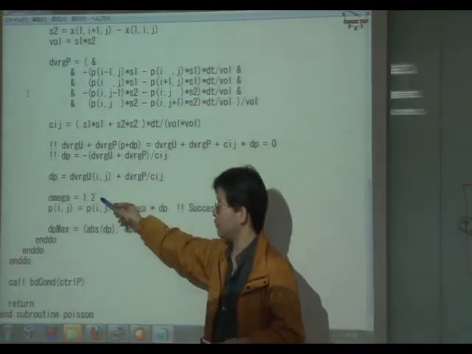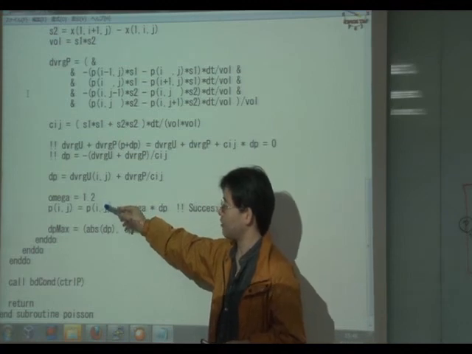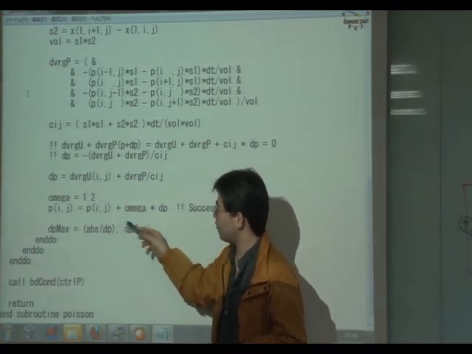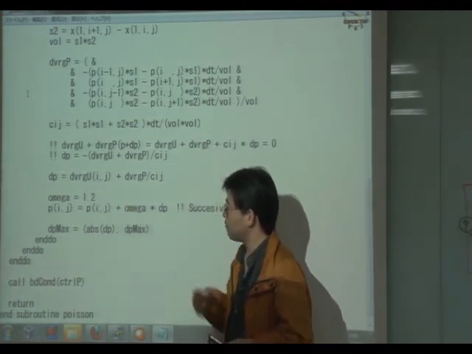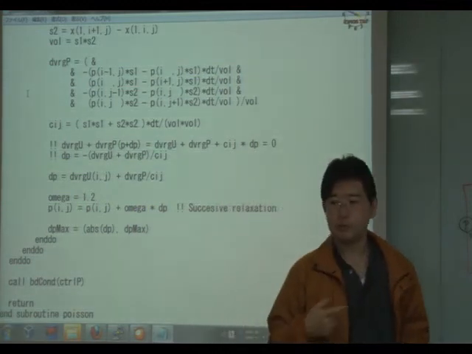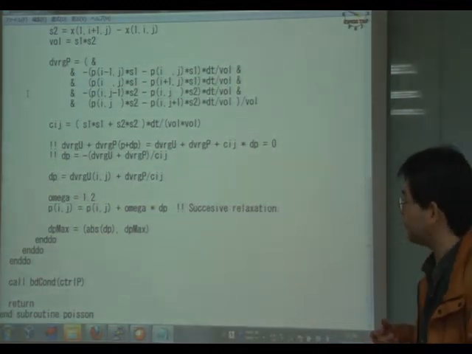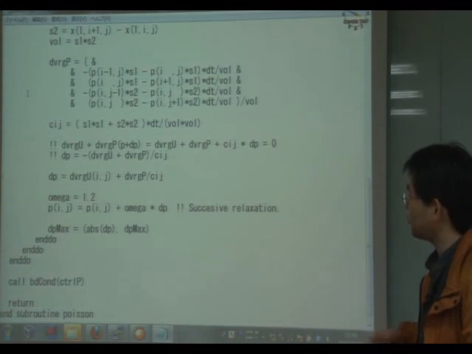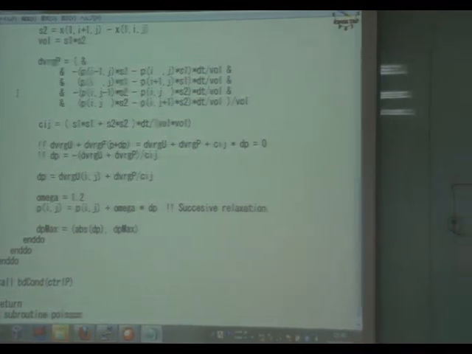So we will use acceleration coefficient. Omega is 1.2. It will magnify the change of pressure to get faster solution of pressure Poisson equation.